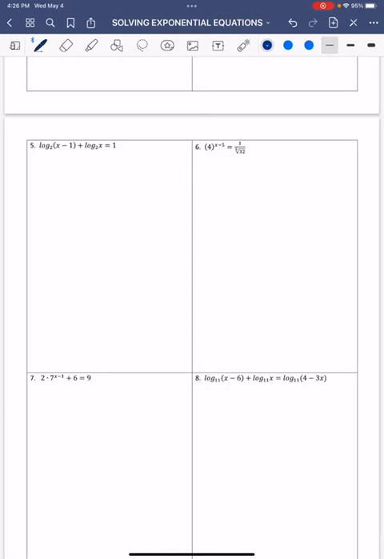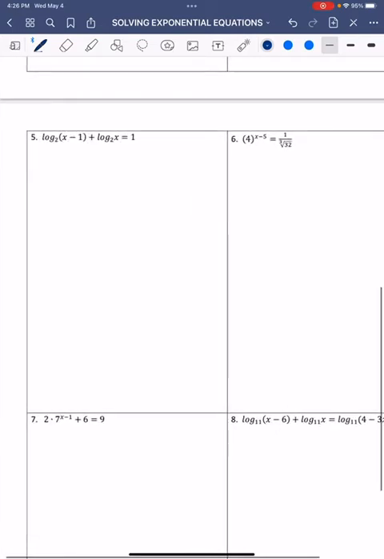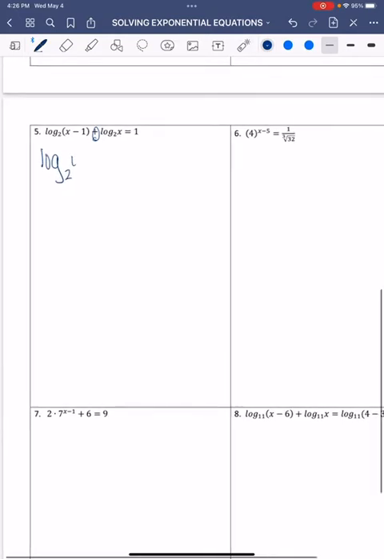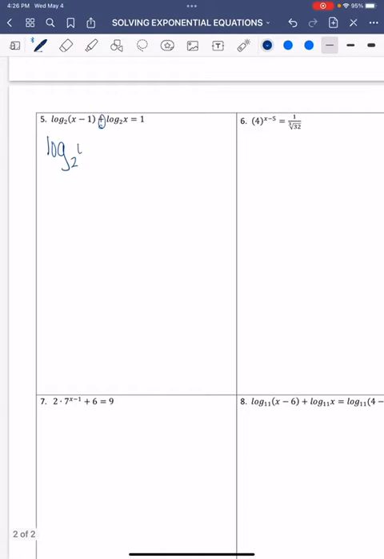Each one of these examples is a bit different, so I'm hopeful that you'll maybe have a better sense of what's going on. Okay, so I have 2 logs, add logs, multiply arguments. Okay, it's in log form.